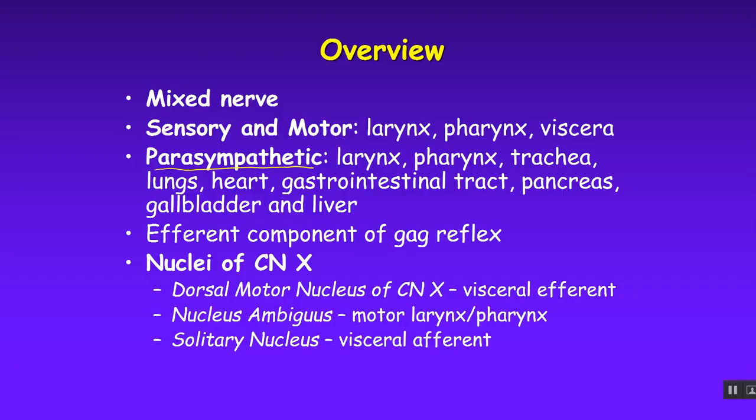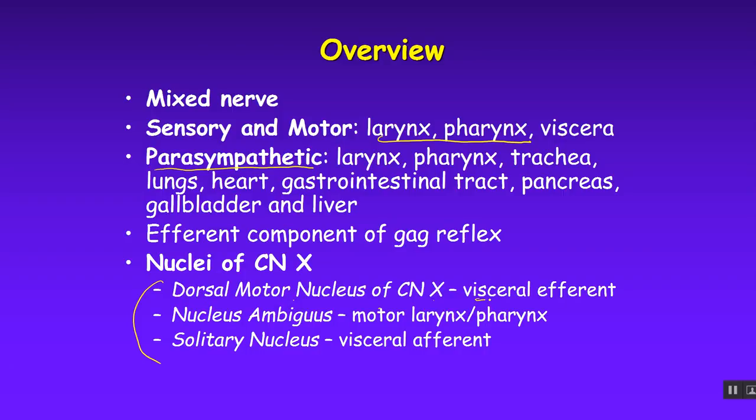It's also the efferent component of the gag reflex. Because of its motor innervation of the larynx and pharynx, you know, the glossopharyngeal is the sensory part, but the vagus is the motor part of that gag reflex, okay? And because it's mixed, it also has multiple nuclei associated with it. So we've got the dorsal motor nucleus of cranial nerve number 10.